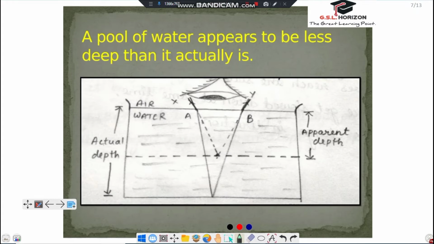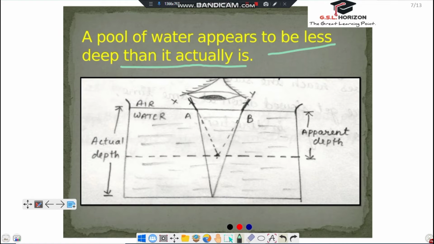Now comes the next application. As you can see on your screen, a pool of water appears to be less deep than it actually is.